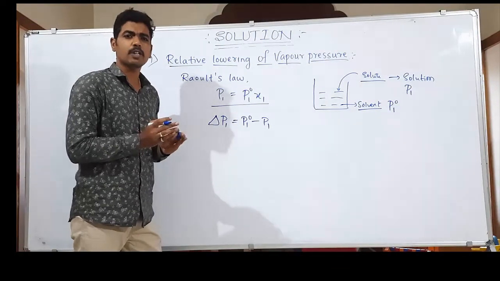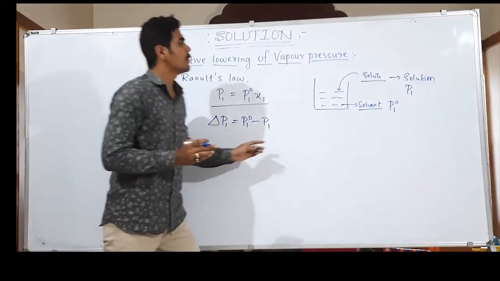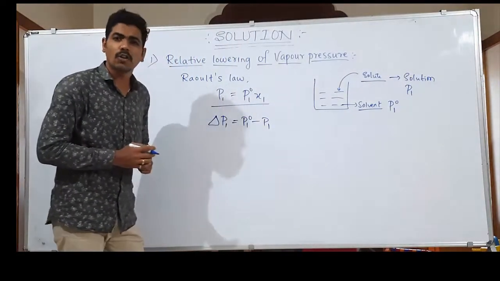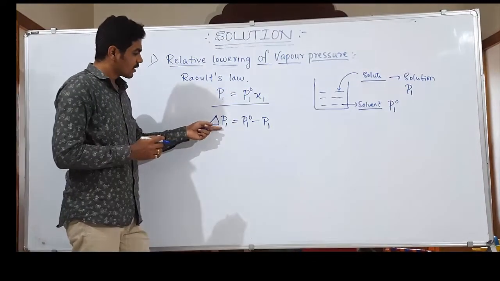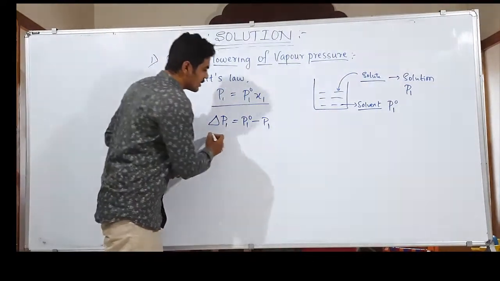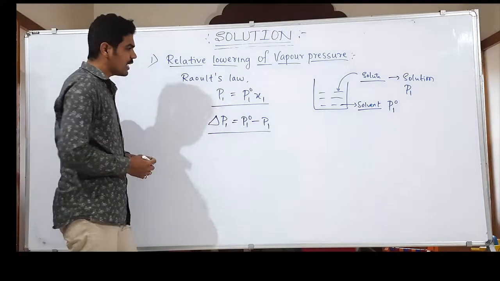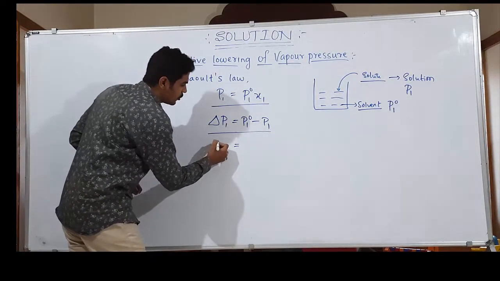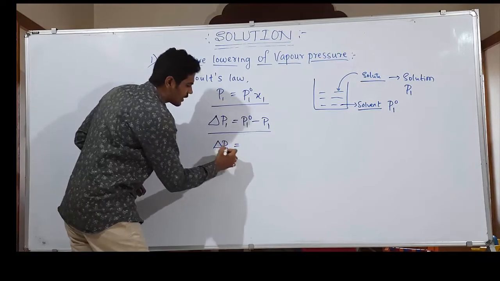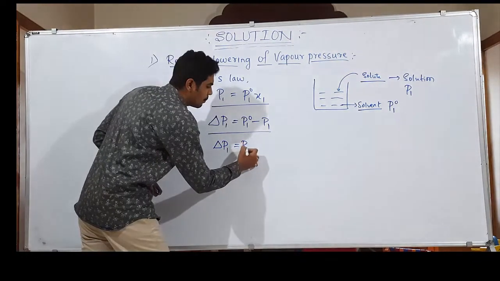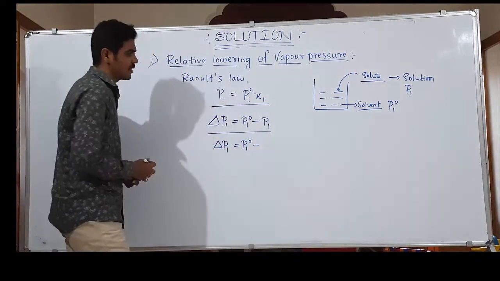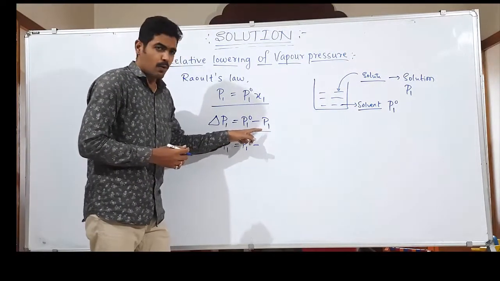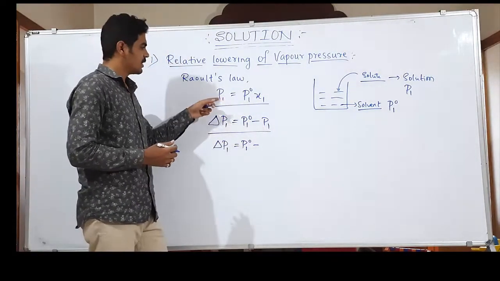How much the vapor pressure has changed with the addition of this non-volatile solute can be calculated using this formula. Now here I will simply substitute some values. Delta P1 is equal to P1 naught minus P1. What does that P1 mean?